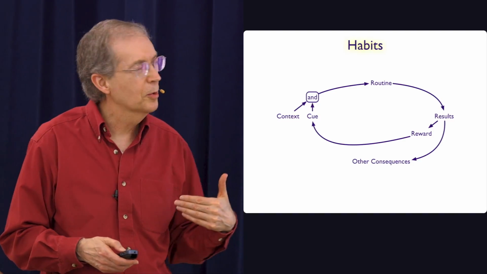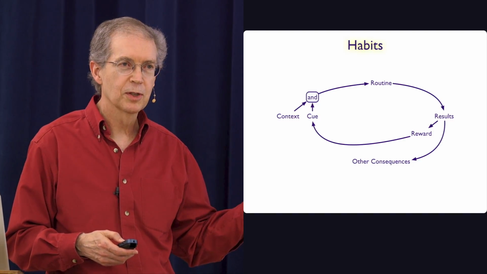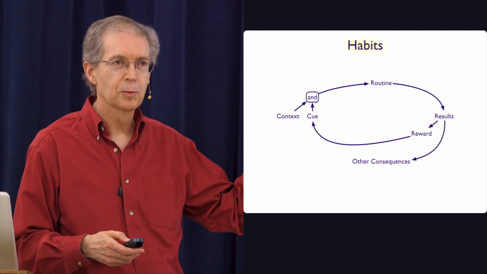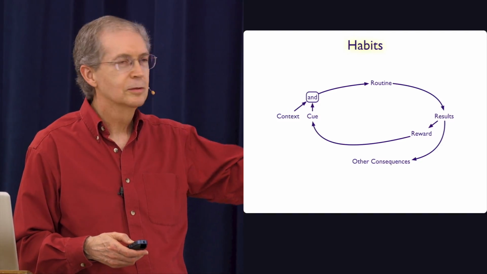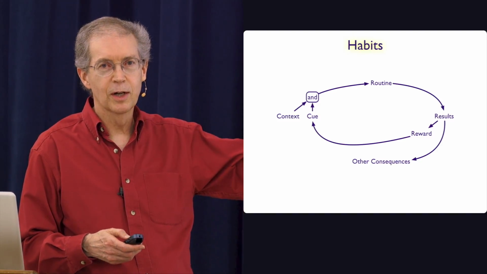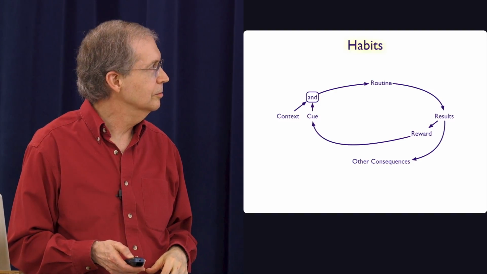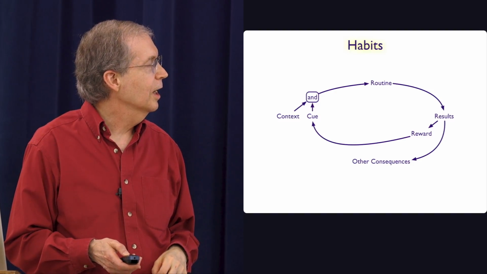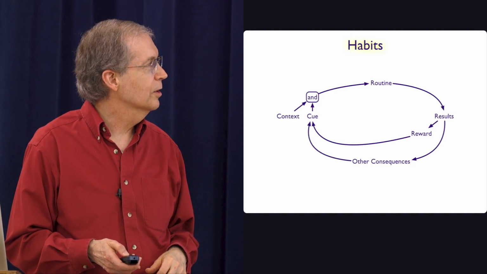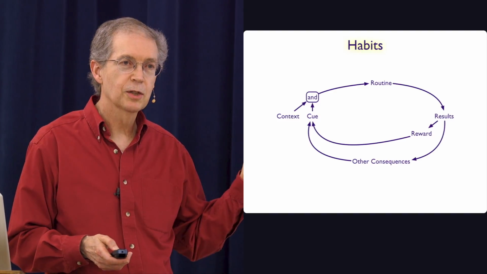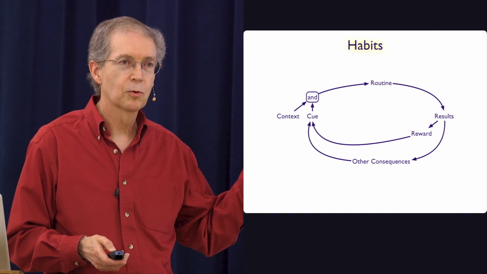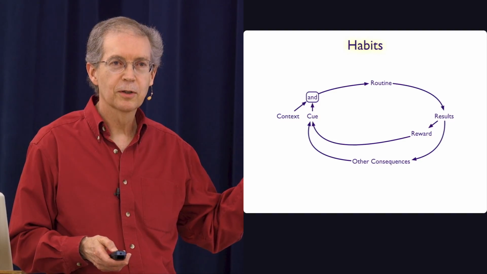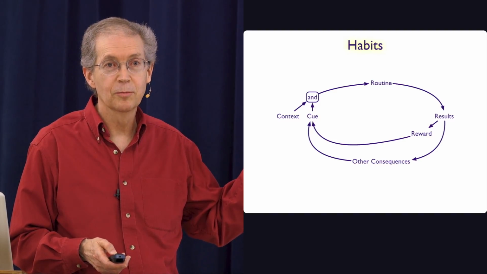And so by putting them on the diagram, making them explicit, if I was really doing this with a specific habit, then I would list out what I saw as those other consequences. And maybe if I brought those other consequences in as associations to the cue, not just the reward, it might affect whether or not I really wanted to do anything based on that cue.